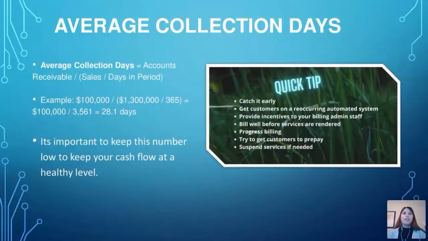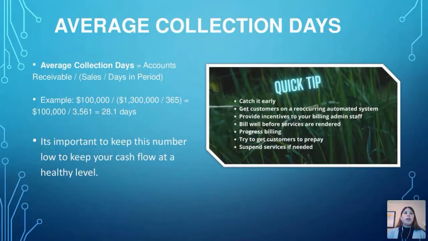Average collection days. If you have AR, this is a huge ratio to look at. It really indicates how fast you collect your AR. The formula for average collection days is accounts receivable divided by sales, divided by days in the period.